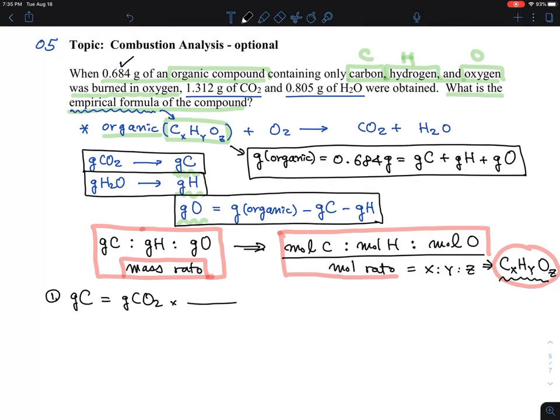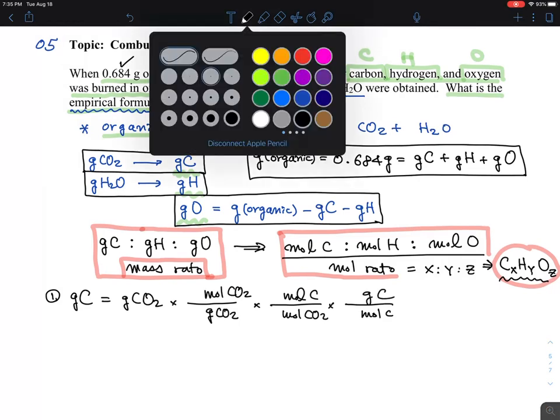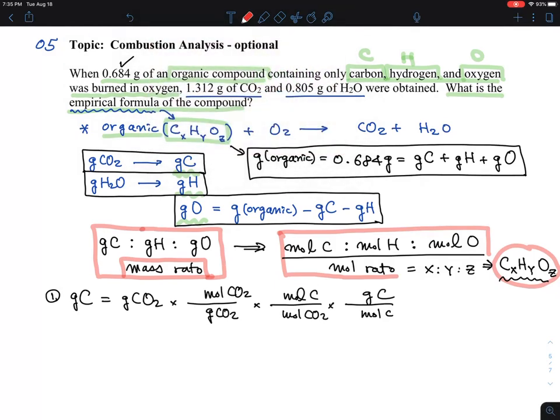You're going to say grams of CO2, moles of CO2, and then moles of CO2, moles of carbon, and moles of carbon, grams of carbon. And so all you gotta do is plug in the numbers based on the information.